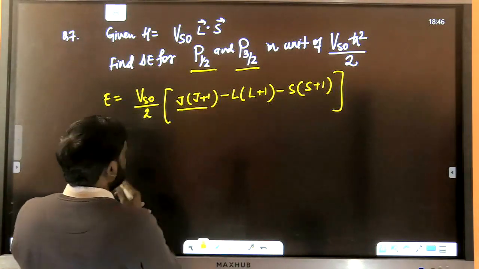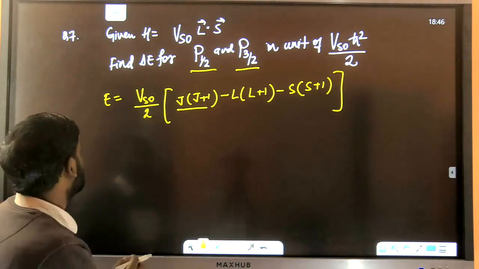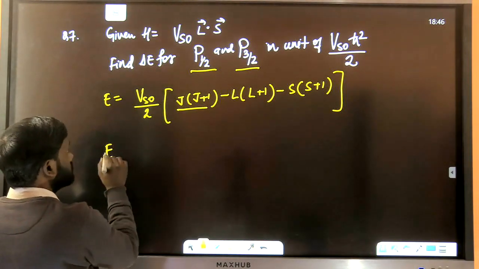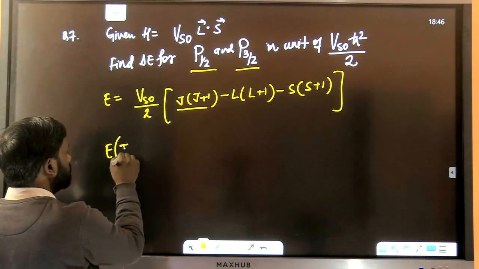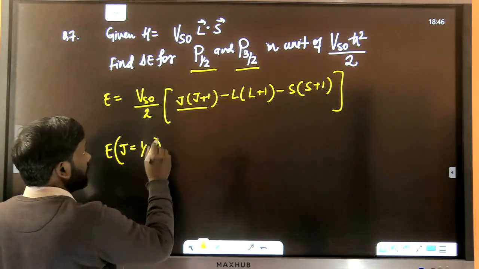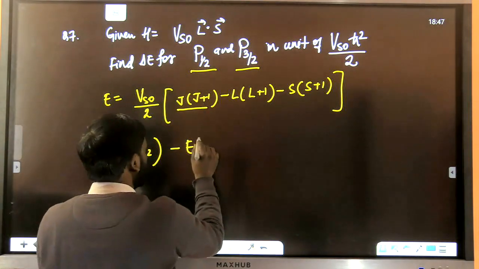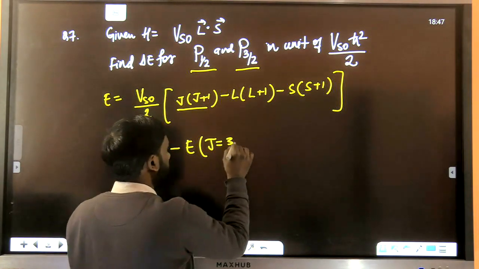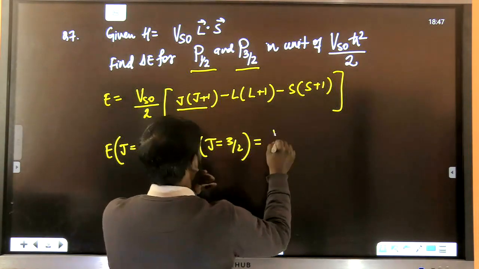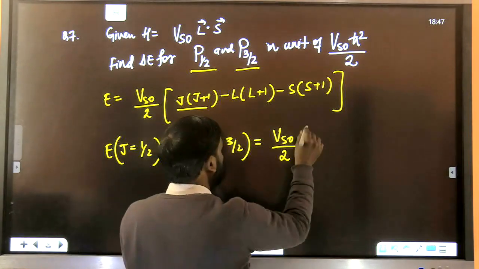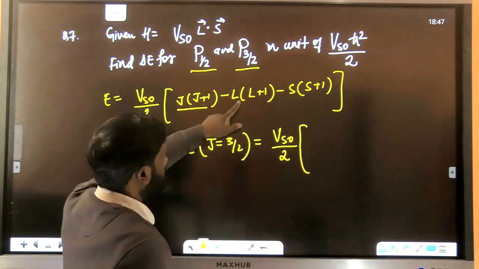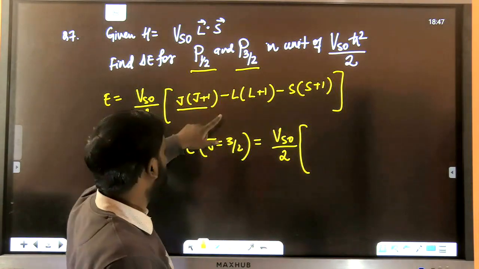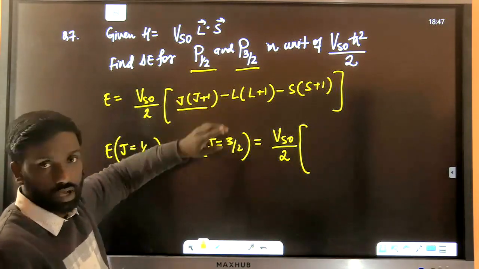So this term will actually be subtracted. So if you write energy for J equal to 1 by 2, minus energy for J equal to 3 by 2, we'll get here VSO divided by 2, and this L and S term is common in both, so that will cancel out.